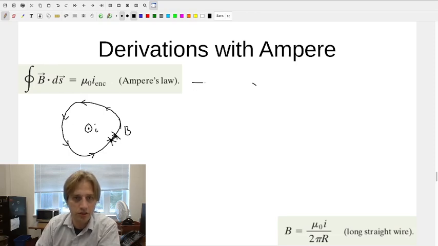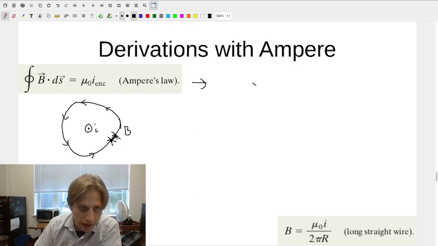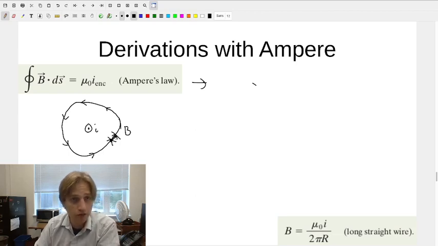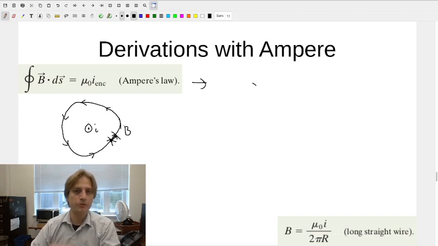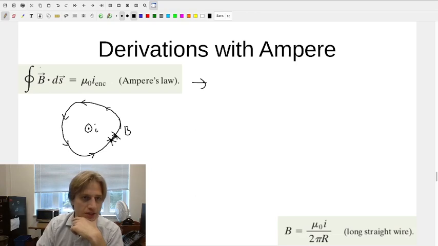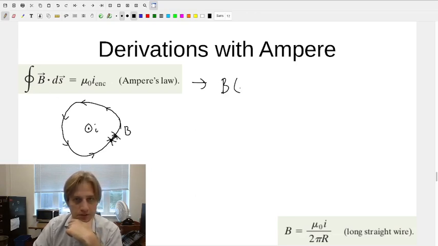So if I use this rule, B dot ds, each one of these is going to be parallel to the orientation of the circle, if I go around the circle like this, using my Ampere's law right-hand rule. So this line integral just becomes B times, if this distance is r, the circumference, 2 pi r.